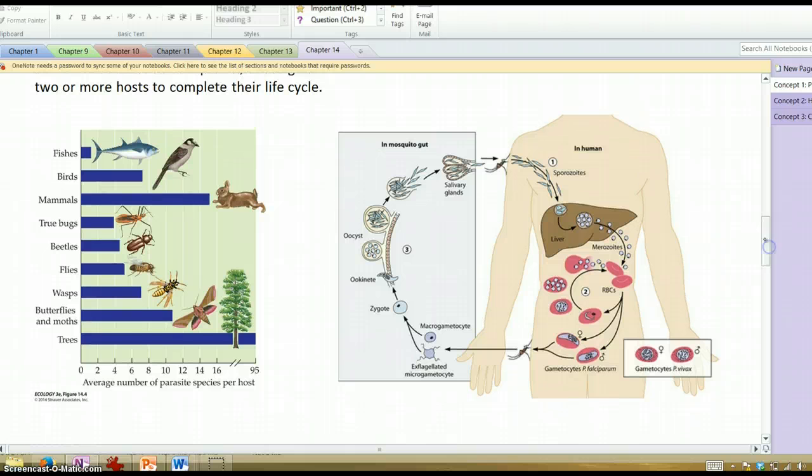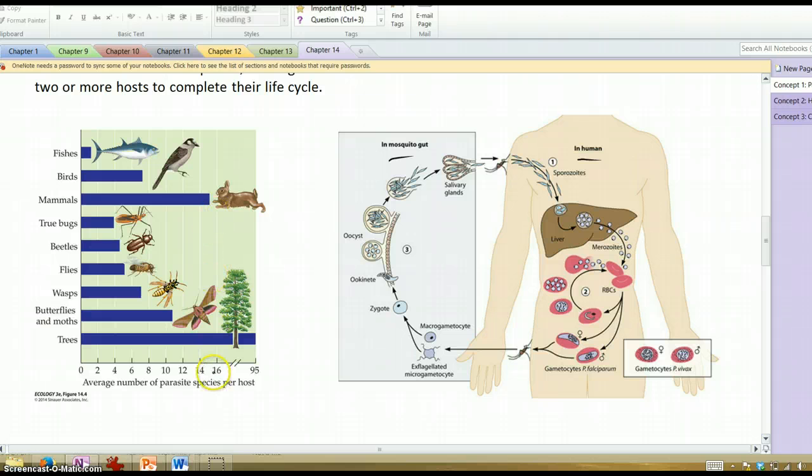For example, the Plasmodium, which is a type of protozoan that causes malaria, spends part of its life cycle in a mosquito and part in a person, but it's much more damaging to the person, to the human, than it is to the mosquito. But it needs both to complete its life cycle.